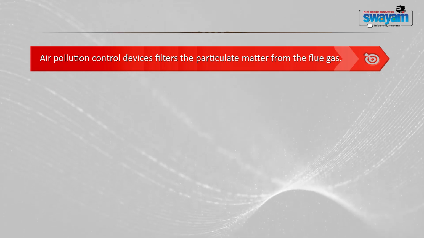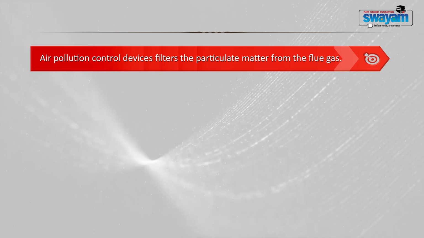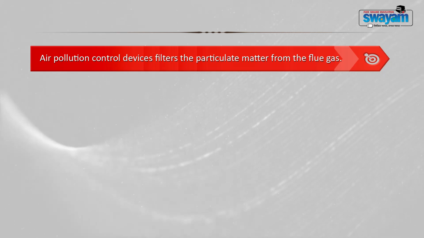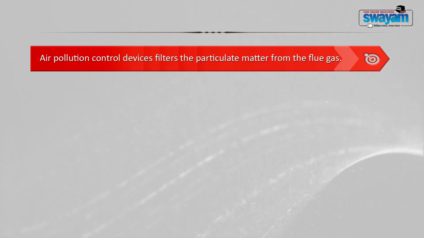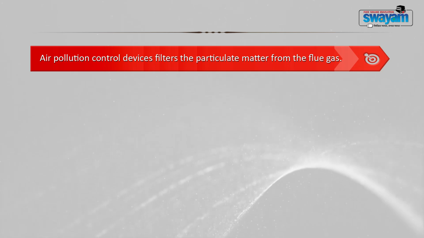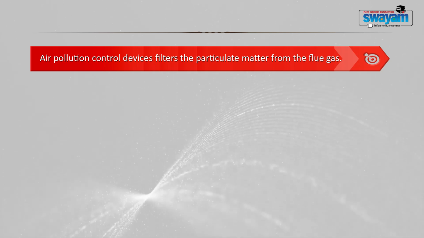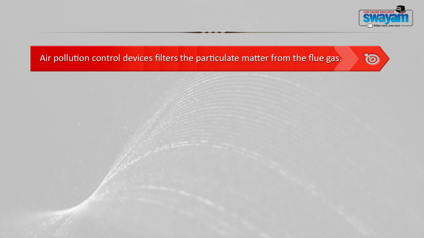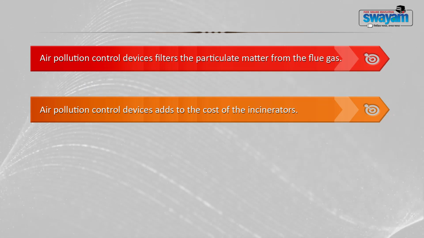Specifically, electrostatic precipitators and baghouse filters can be a very good option for removing the particulate matter from the flue gas before it is discharged into the atmosphere. But fitting air pollution control devices obviously adds to the cost of the incinerators.